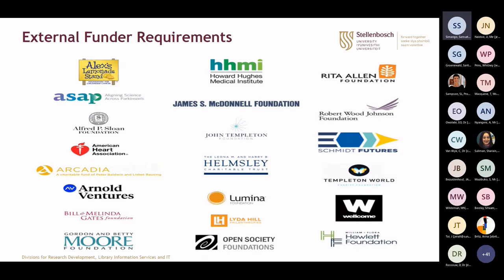So that's something that needs to be kept in mind. It's extremely important because we're trying to ensure that there's some kind of compliance with the funder requirements. And what you see here is basically a list of funders who actually have some kind of mandates regarding research. And one of these includes the creation of data management plans, which will be the next point that I actually want to discuss.